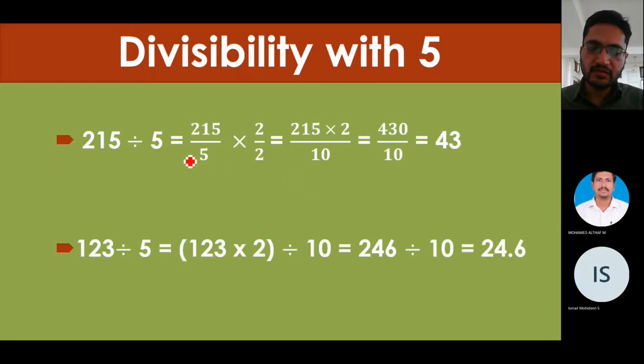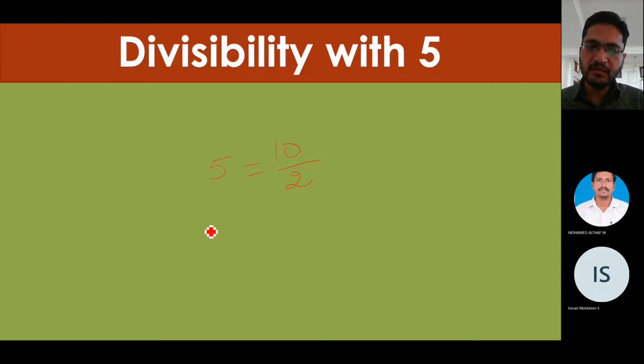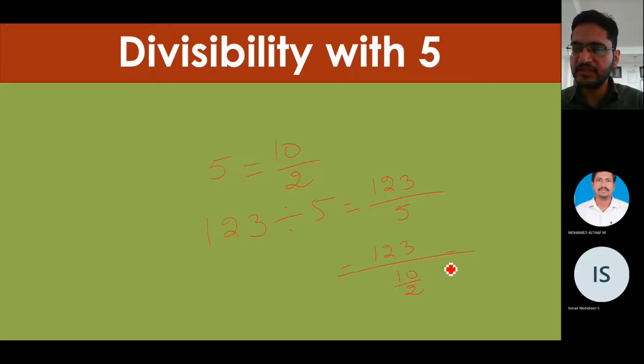So whenever we want to divide any number by 5, for example 123 divided by 5, it means 123 over 5, and this 5 can be written as 10 divided by 2. After simplification this can be written as 123 divided by 10, into 2.